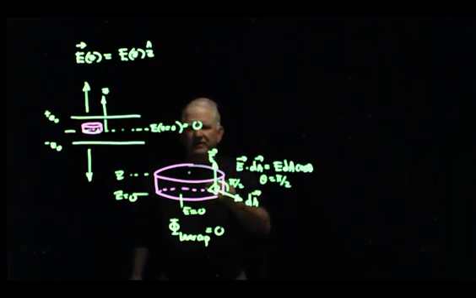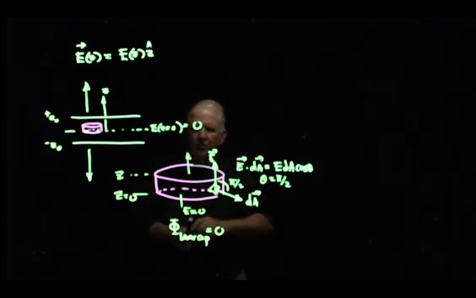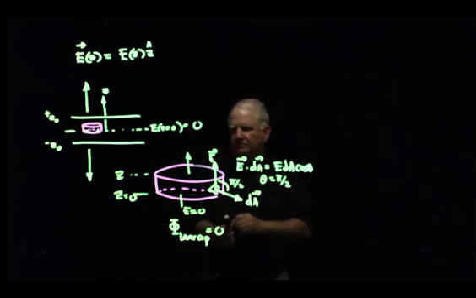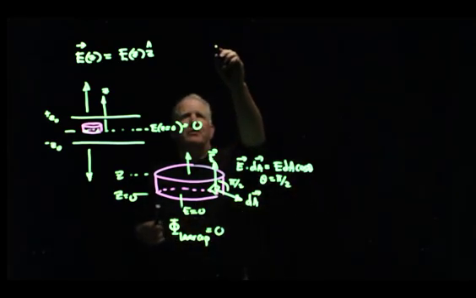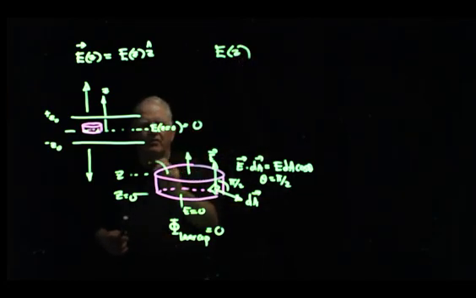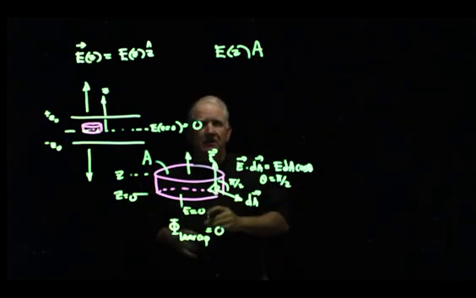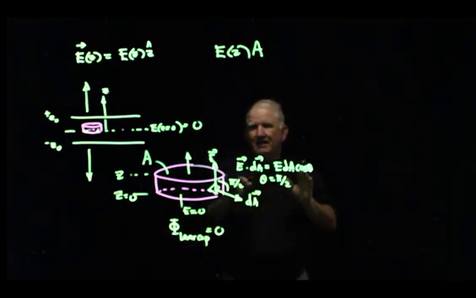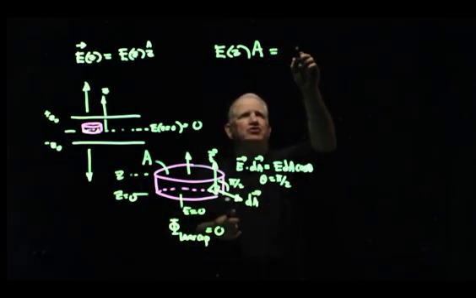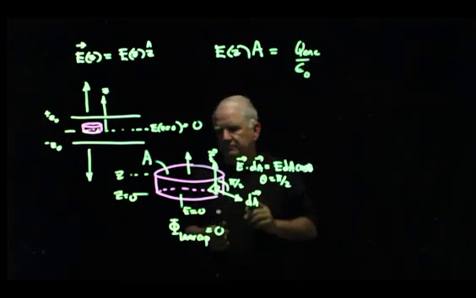There is electric field, however, on the upper cap. And so how would we analyze the upper cap? We're going to call that electric field E sub z. We're going to call the area of the upper cap A. That's the flux through the upper cap. And Gauss's law says that's equal to the charge enclosed divided by epsilon 0.